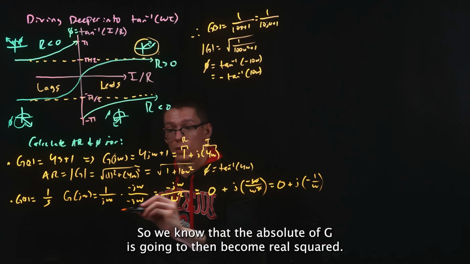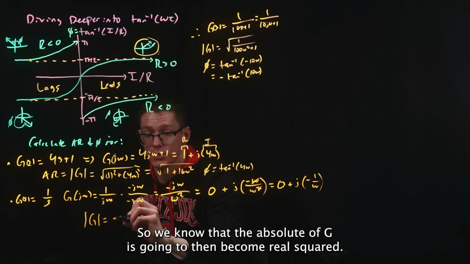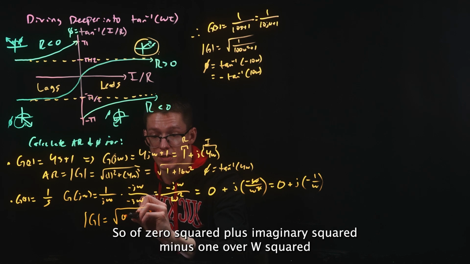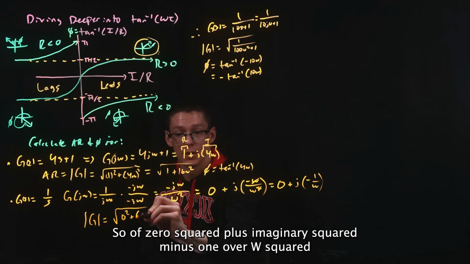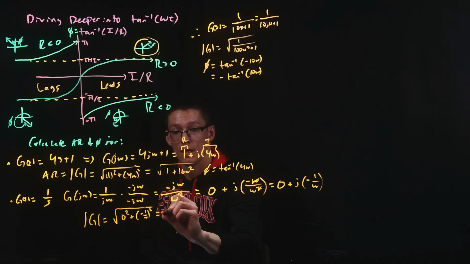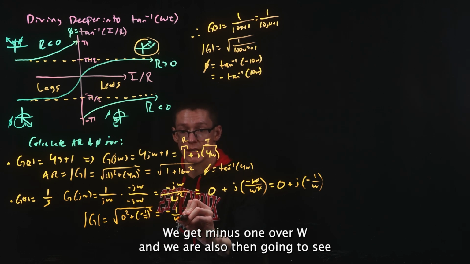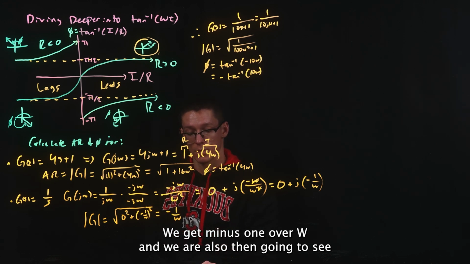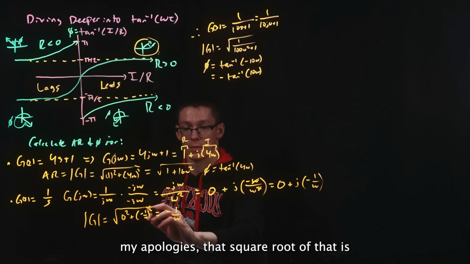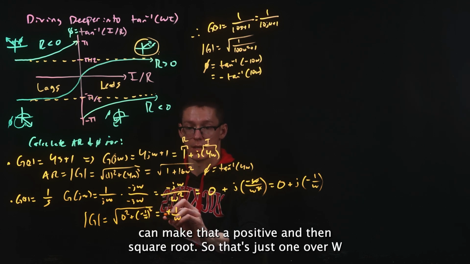So we know that the absolute value of g is going to be the square root of real squared, so 0 squared, plus imaginary squared, minus 1 over w squared. That 0 will go away. Oh, my apologies, the square root of that squared term is going to make that positive, so that's just 1 over w.